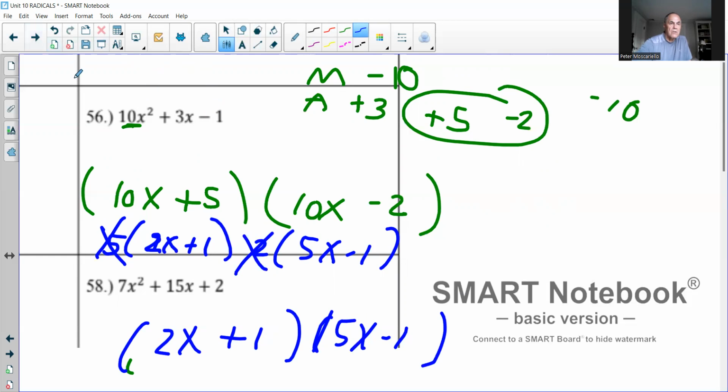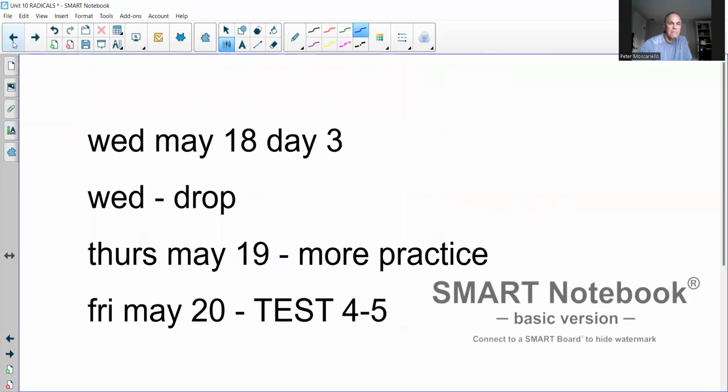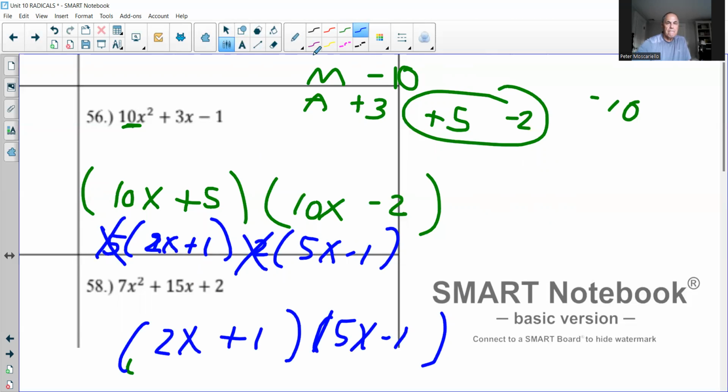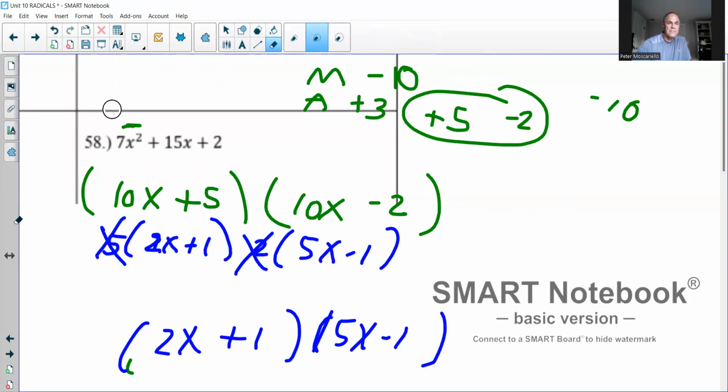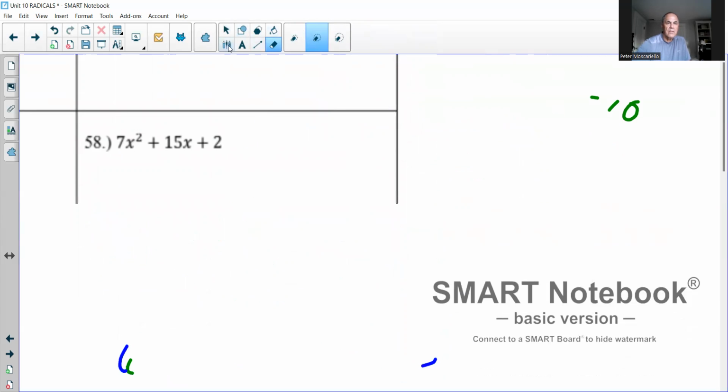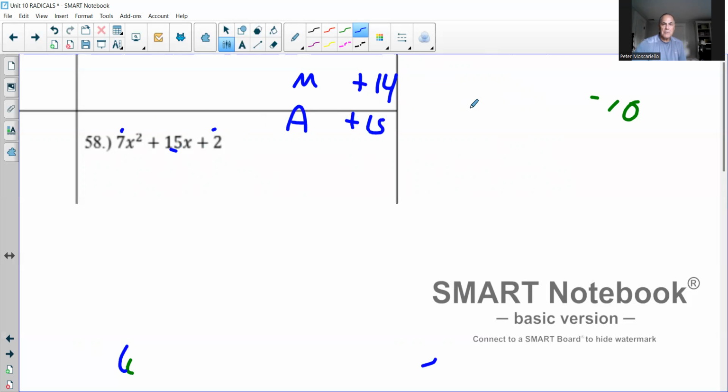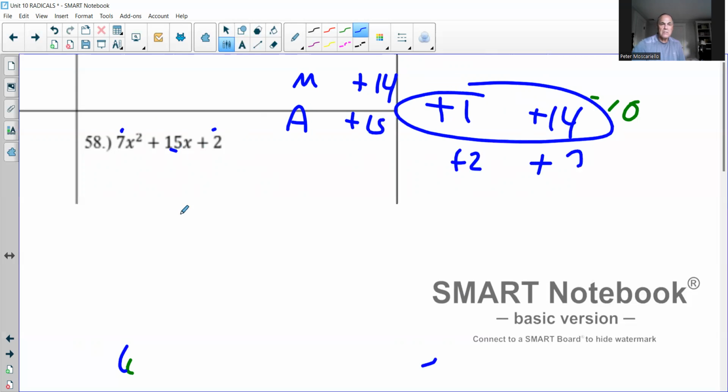All right, how about one more? 58. Multiplies to 14, adds to +15. How'd you get that? 7 times 2? Got to be a plus: plus 1, plus 14, plus 2, plus 7. I think it's this one.